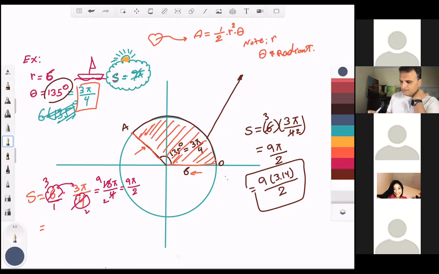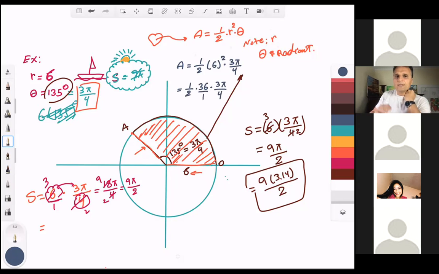So we're going to have A equal to 1/2, r equal to 6. You have to square it, multiply by 3 pi over 4. We got 1/2 multiplied by 36 multiplied by 3 pi over 4. So all of them are multiplication. You can just multiply across, or you can simplify before you multiply to get a smaller number.